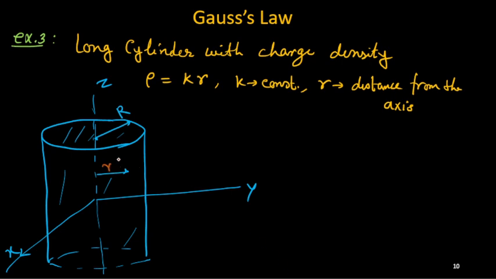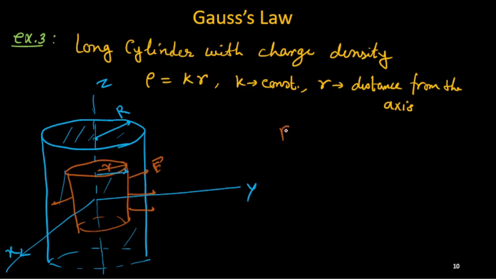So what I will do, again in a very similar way, I will consider one cylinder, okay, with radius small r. Again the electric field, we will consider that it is always perpendicular to the surface.